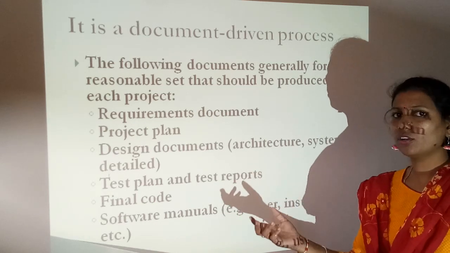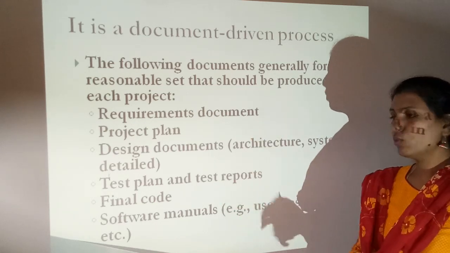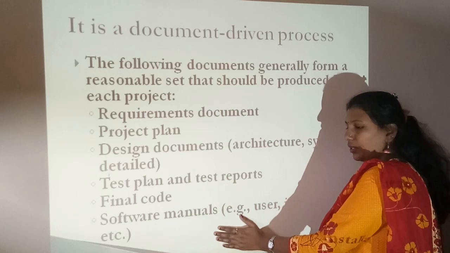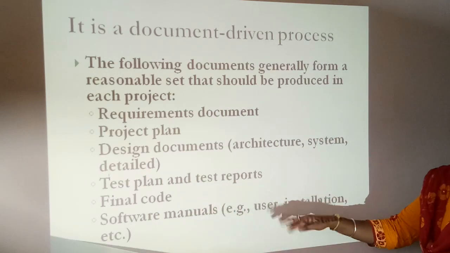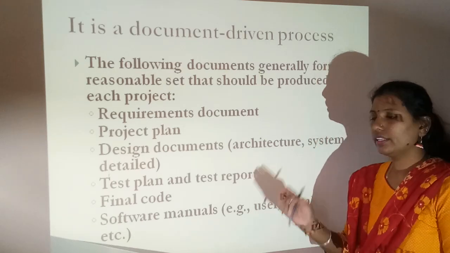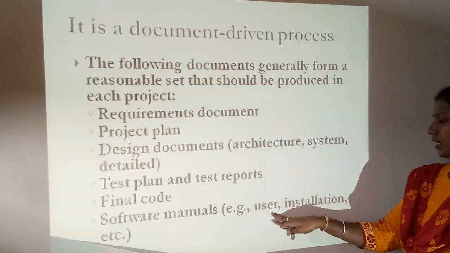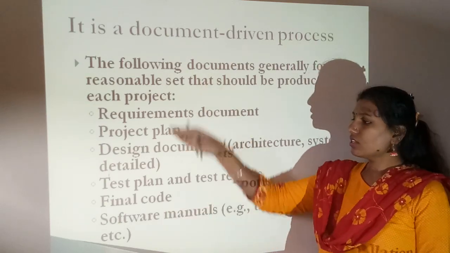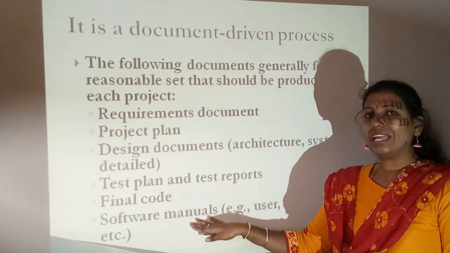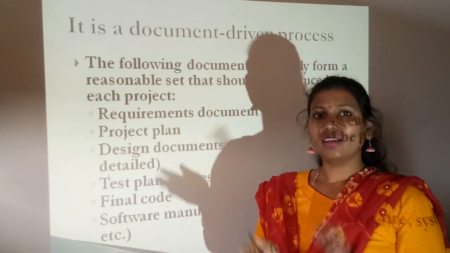So how to work on it and what the needs of the user are, if any manual is needed for the project, that manual also should be produced at the end of the project. That is for the users, installation, etc. So these are the set of documents you should produce at the end of each project development.